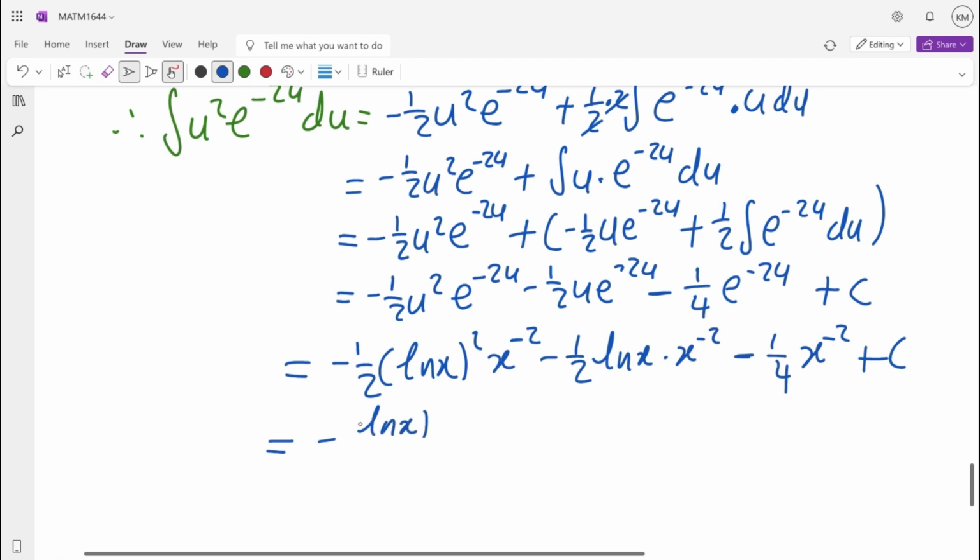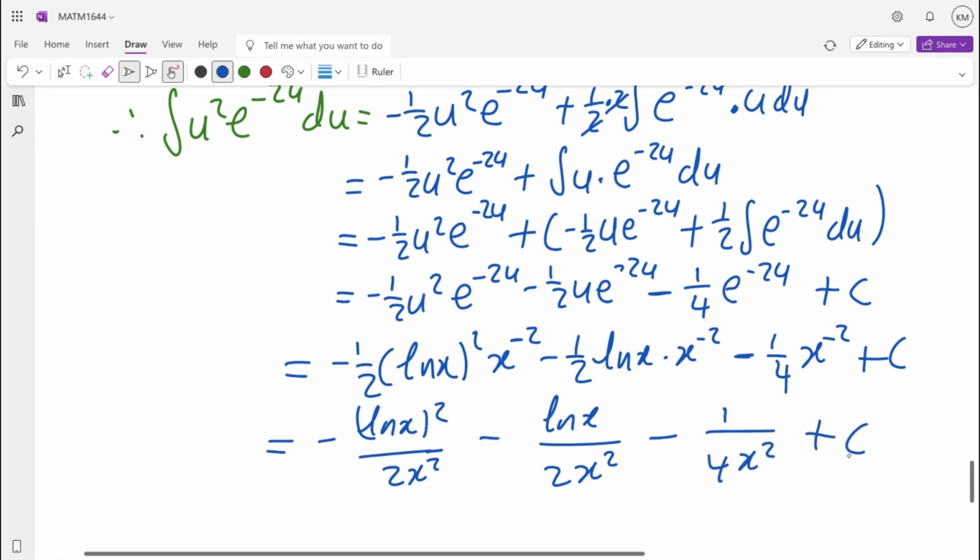Minus ln x all squared divided by 2x square. I can write it like that. Then minus ln x over 2x square, then minus 1 over 4x square, plus c. So this is my final answer.